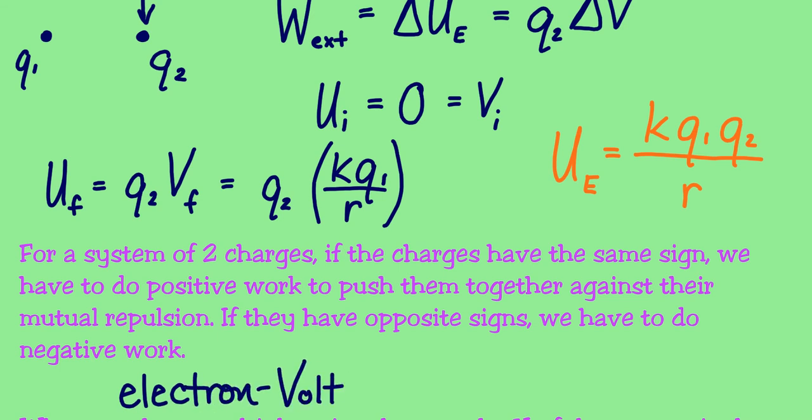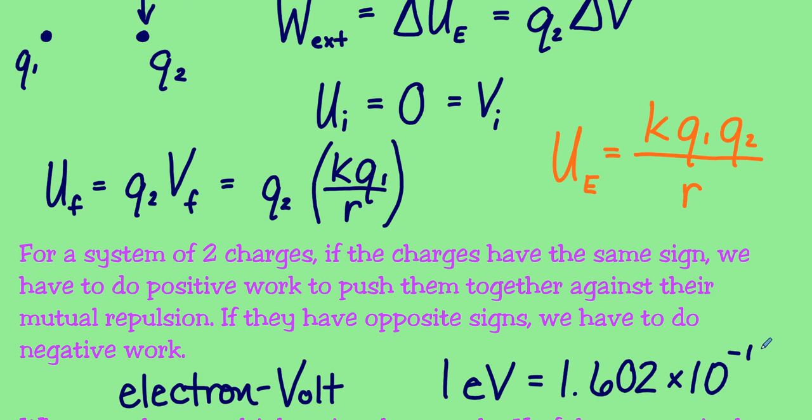The conversion factor that you need to know is that 1 electron volt is equal to 1.602 times 10 to the negative 19th joules. That number should look familiar to you. It's the charge on an electron. Basically, we came up with this unit, an electron volt, by taking the charge on 1 electron times 1 volt.